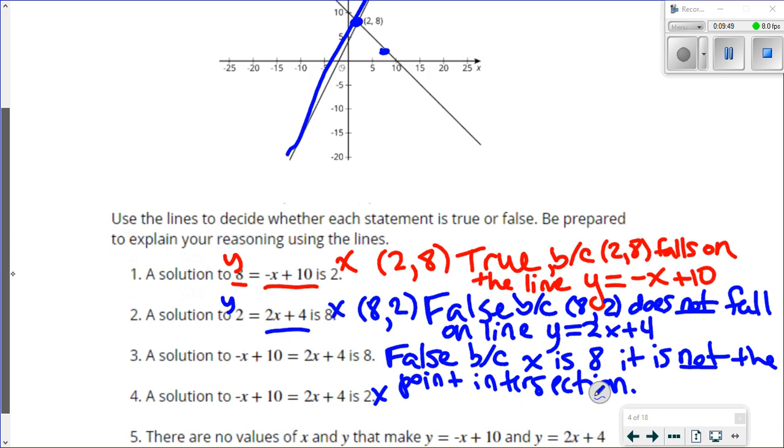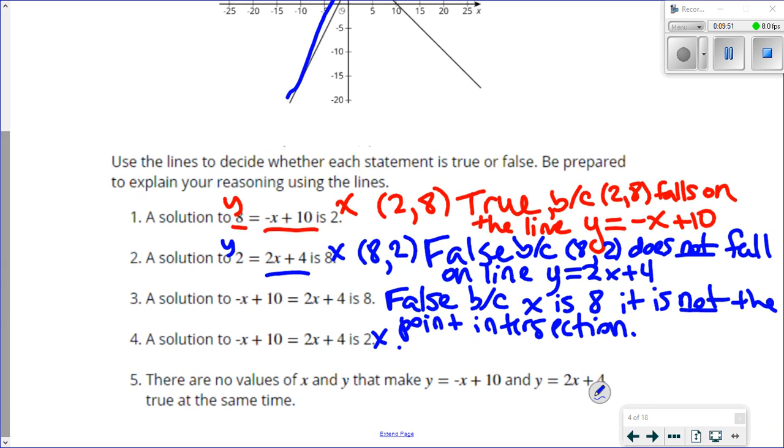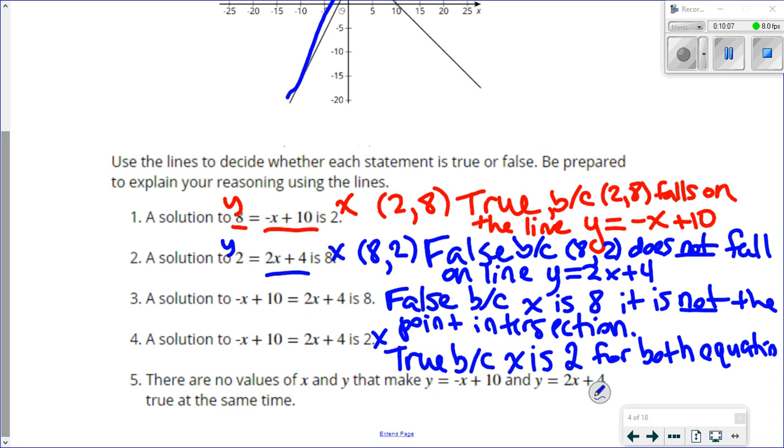So I would say true for the fourth statement because x is 2 for both equations in the system, and it is the point of intersection.